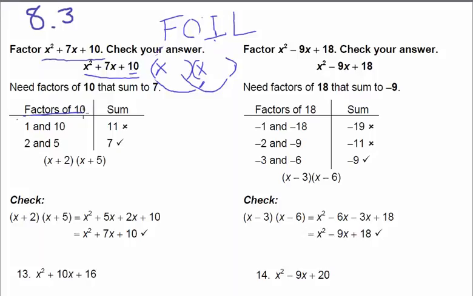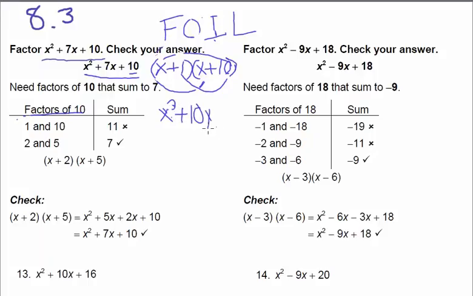I could do trial and error, and I could do it once with 1 and 10, and I could see what I get, plus 1 and plus 10, and then I could FOIL this back and see if I indeed get a 7x for my middle term. Well, let's do that once. So first times first would be x squared. I'm checking. Outer would be x times 10, or 10x.